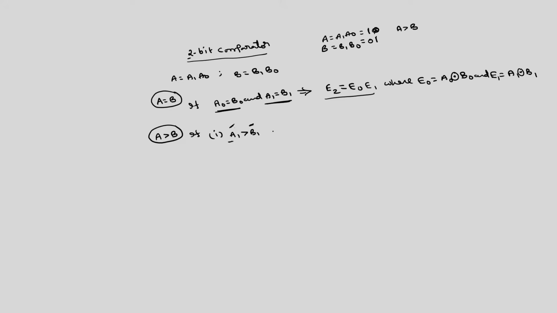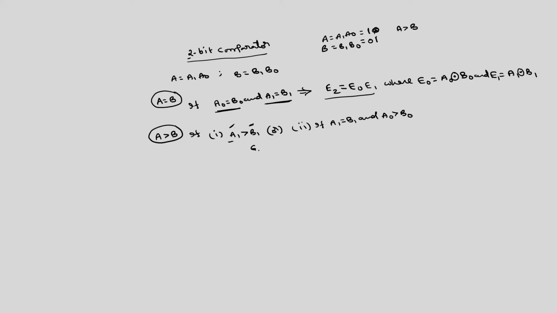This is one condition. So, what is the second condition? If A1 is equal to B1, then A0 should be greater than B0. These are the only 2 conditions under which we can say that A is greater than B. So, what is the Boolean expression for this?